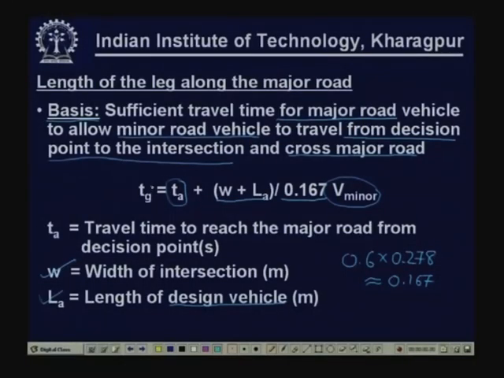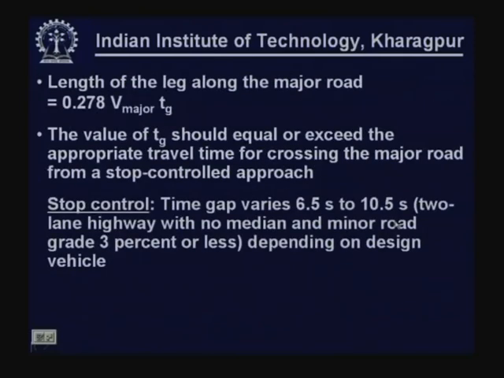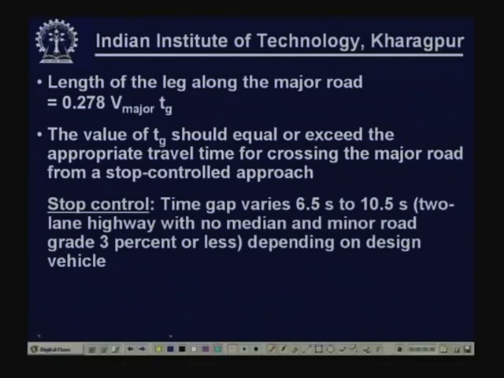So, we can calculate the time required, Tg. Now, once this time is known, the length of the leg along the major road can be estimated like this: 0.278 V major, remember that it is V major, multiplied by Tg, the time gap.